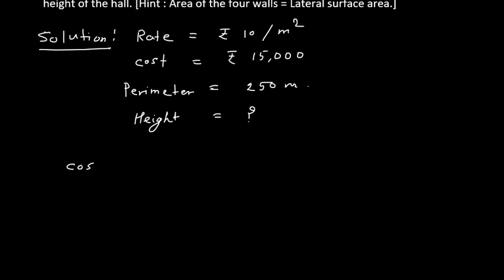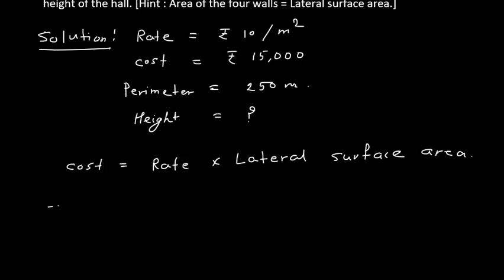So here total cost is equals to rate into lateral surface area. In the previous problem, we used this formula only to find the total cost. Total cost is rate into lateral surface area.